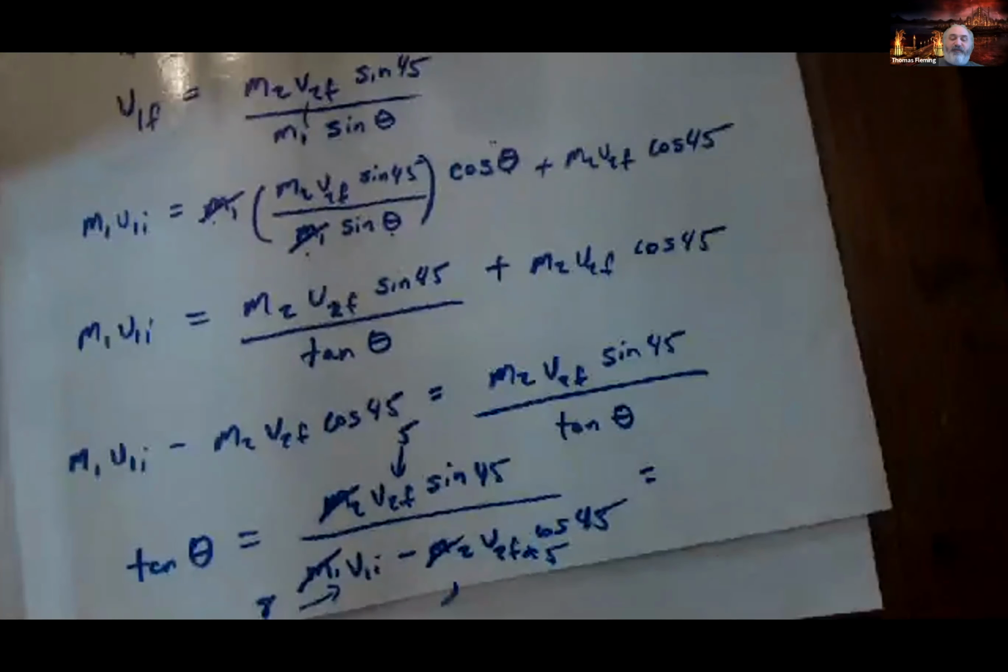So now I can figure out the tangent of theta. Up top, we're going to have 5 times the sine of 45, which is about 3.53. We're going to divide that by, on the bottom, 8 minus 5 times cosine 45.